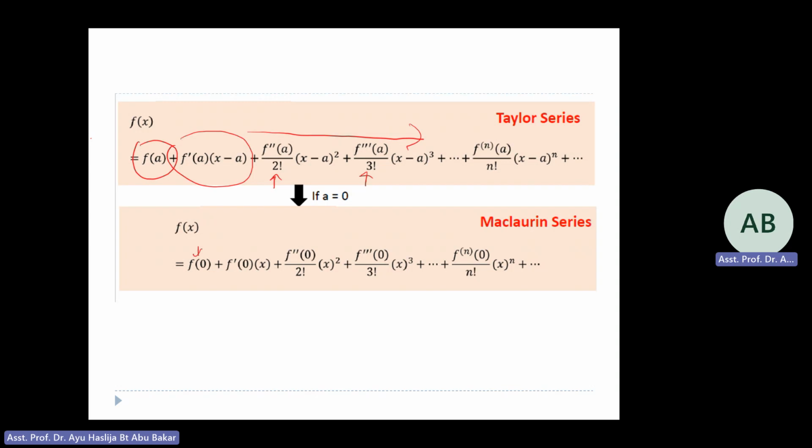So do you need to proceed the calculation? Why do you say no? Because EA is 0 already. How about ET?